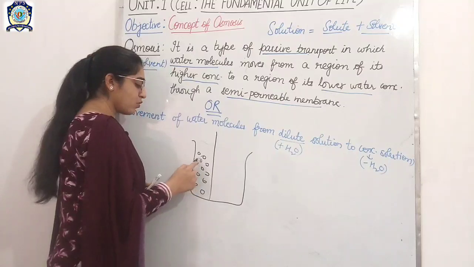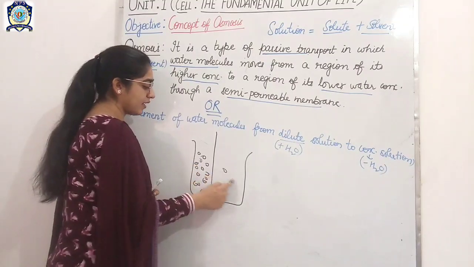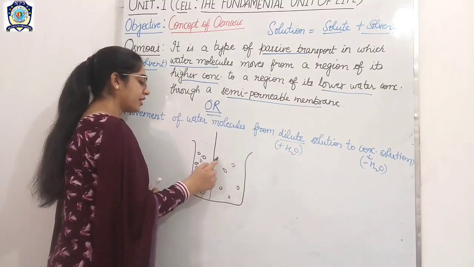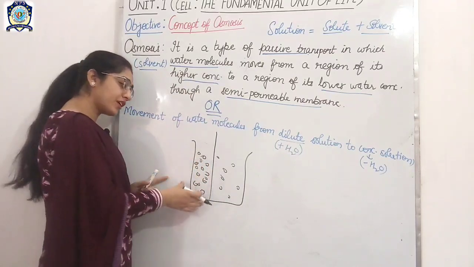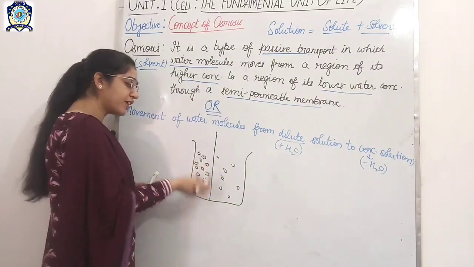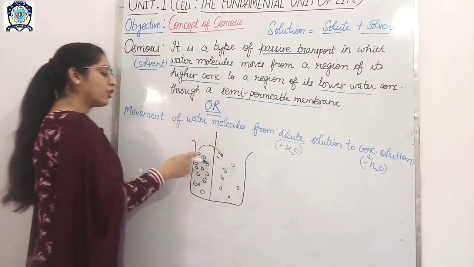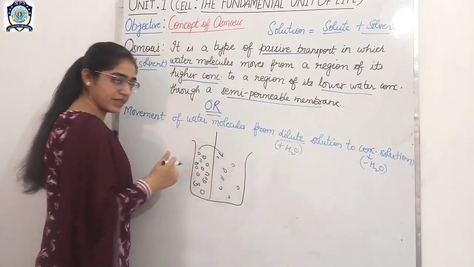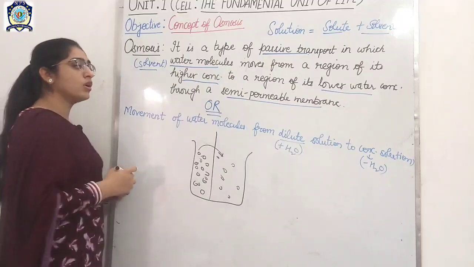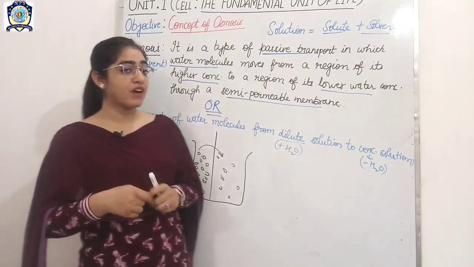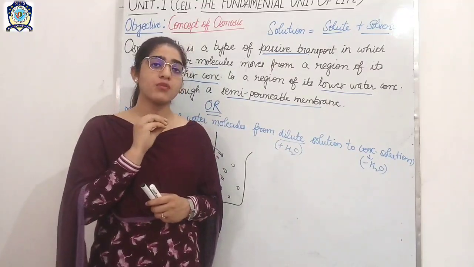Here are more water particles, here are fewer water particles. So how will water move? Free water molecules move across a membrane. So in another way we can define it in terms of free water molecules.